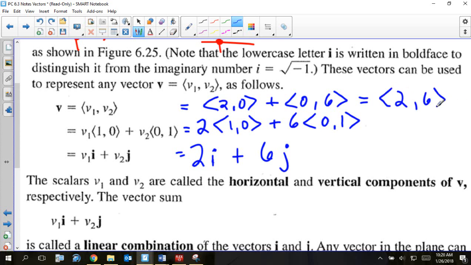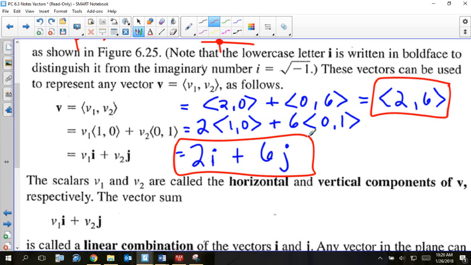Now, all I'm asking you to do is recognize that the component form here is the exact same as what's called the linear combination of the unit vectors. These are equivalent to each other. They mean the exact same thing. And you saw me work through it to see that they are equal. You don't need to work through it. We just know that this one equals this, okay?